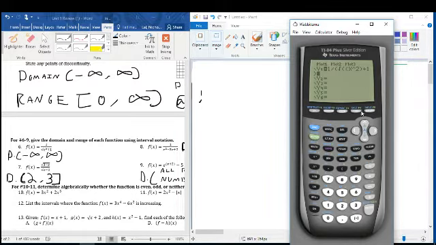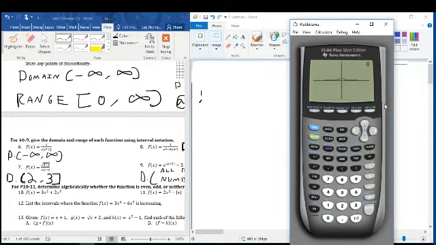All right, and let's graph that. So we can look at that table right there.